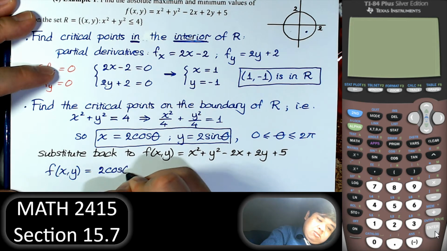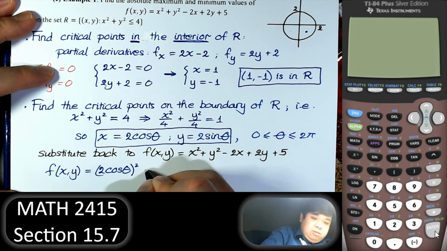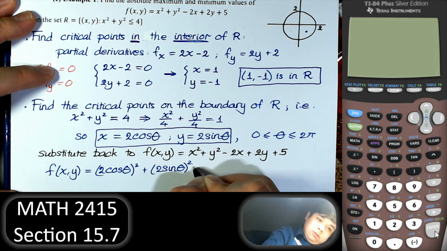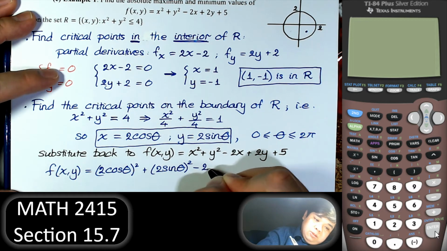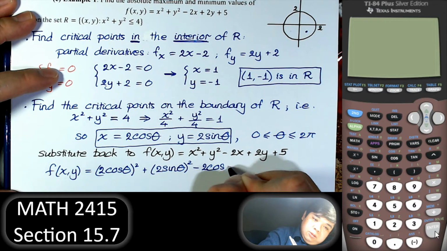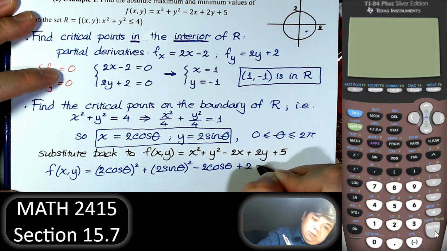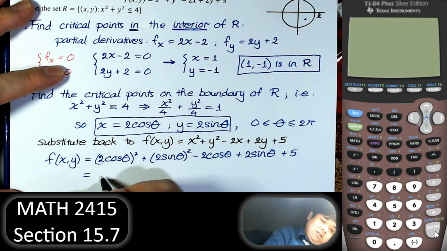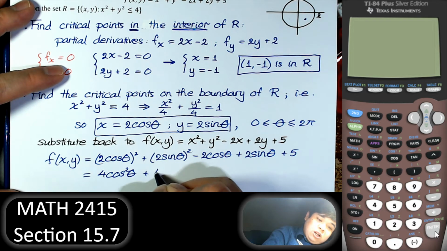But let's just substitute. That is 4, because cosine squared and sine squared add to 1.